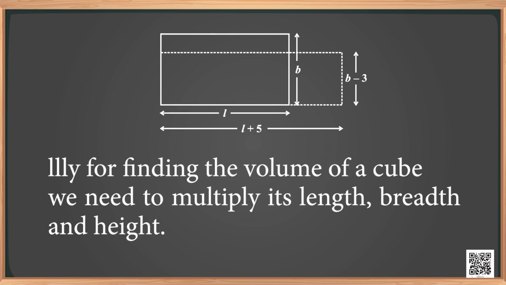Similarly, for finding the volume of a cuboid, we need to multiply its length, breadth and height. You can now think of more situations where we use multiplication of algebraic expressions.